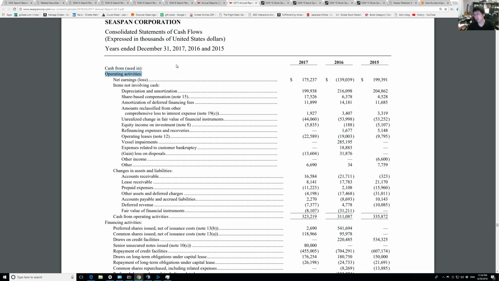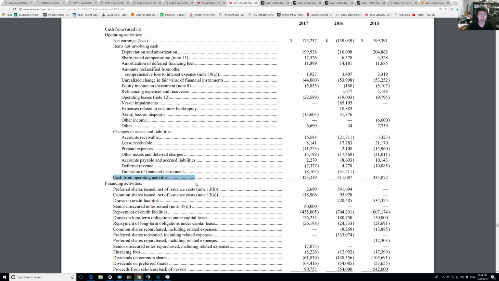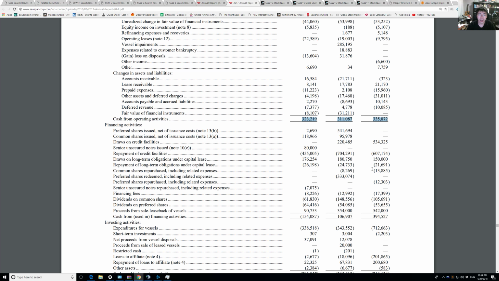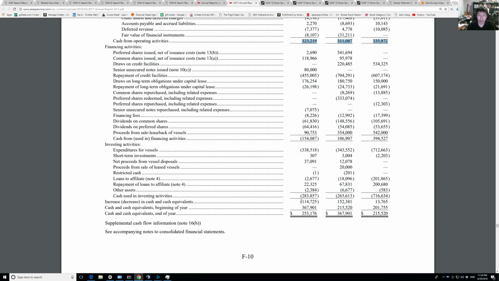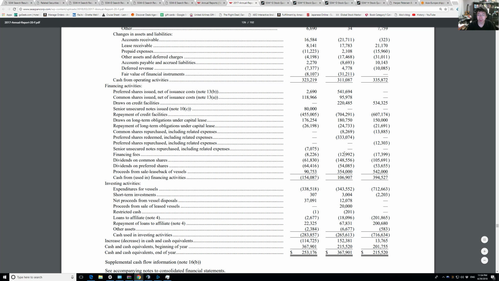It will show up as investment in a way, because you have to buy a new ship to replace the depreciated part, but it's indirect, and there's a time lag as well. Cash from operating activities is constantly around 300, 350, so $320 million. And then they use about 200, close to 300 to do the investment. So that will give you the free cash flow.